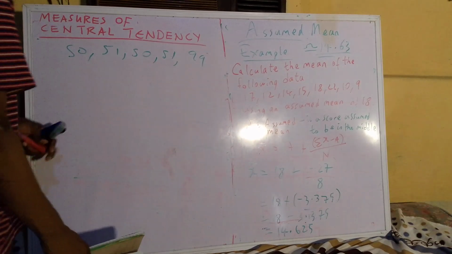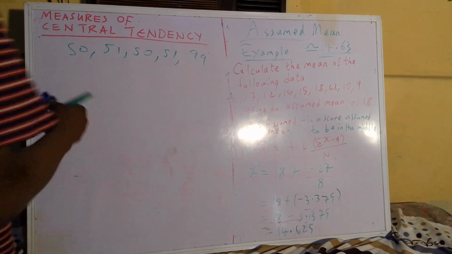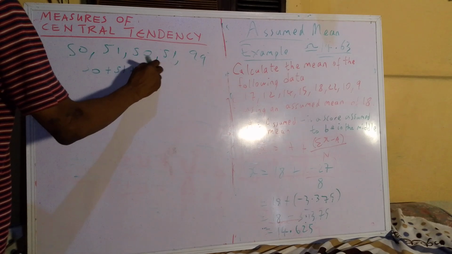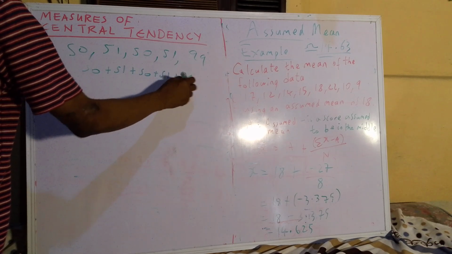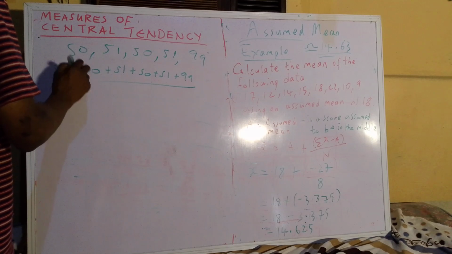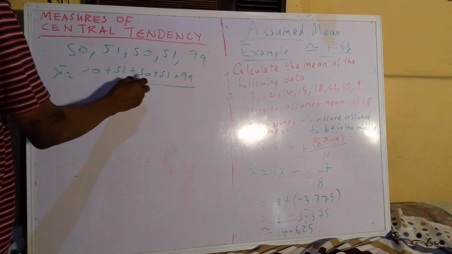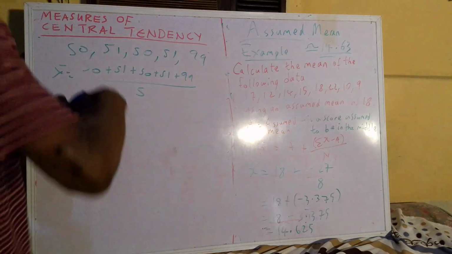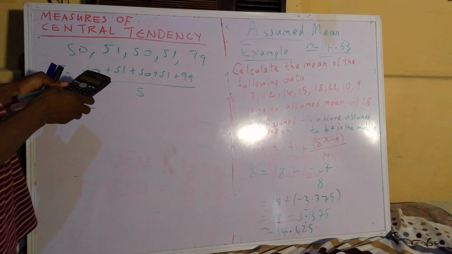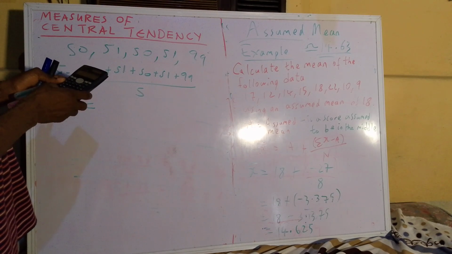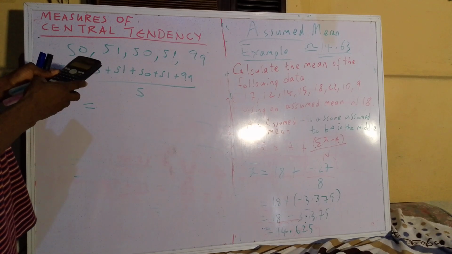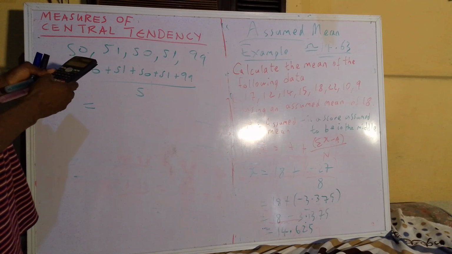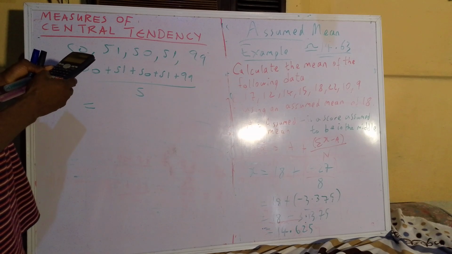You understand? Or should I show you what I mean? If you add 50 plus 51 plus 50 plus 51 plus 99, divided by 5 to get the mean. So that will give you what? 50 plus 51 plus 50 plus 51 plus 99 is equal to what?